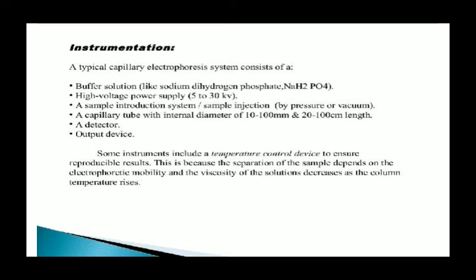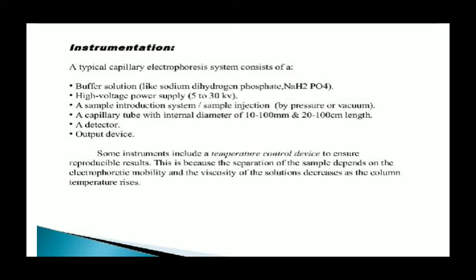So we need a sample introduction system, like an injection, by which we can inject the sample by applying pressure or vacuum. Then we need a capillary tube with special characteristics: it should have a diameter of 10 to 100 micrometers and a length of 20 to 100 centimeters.